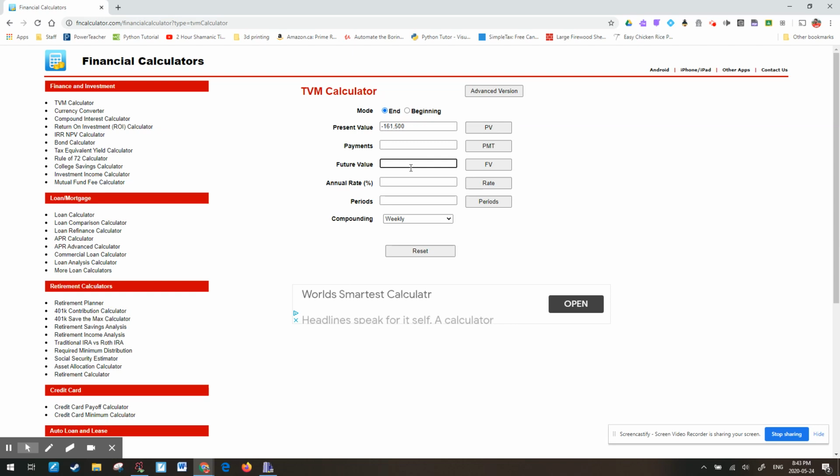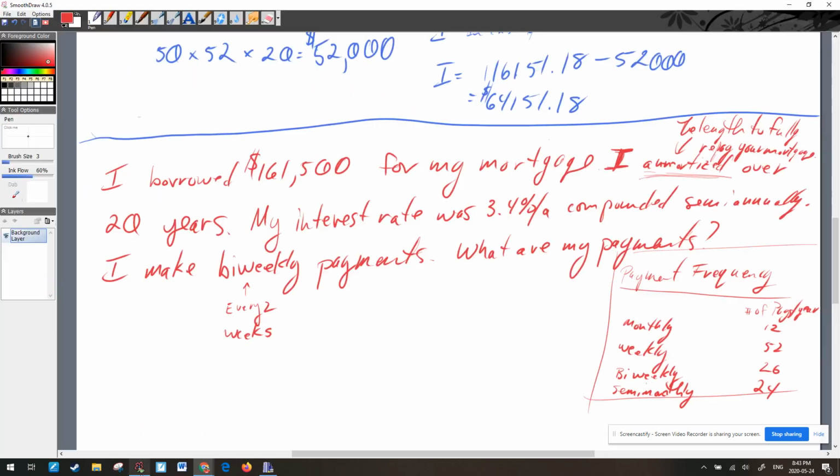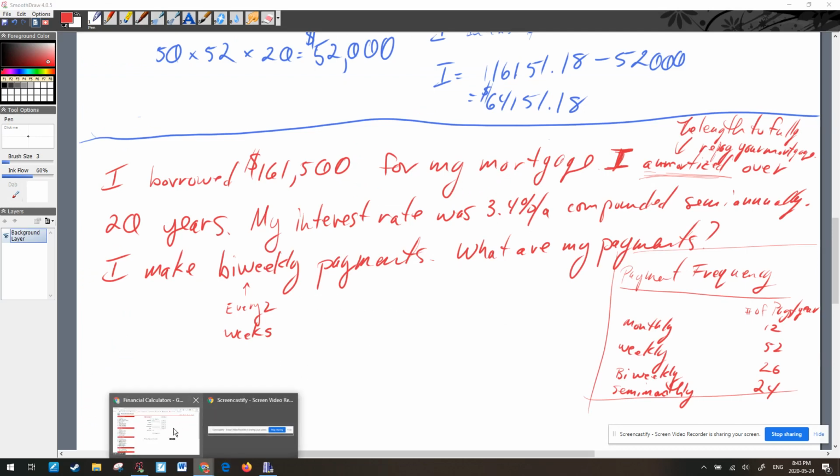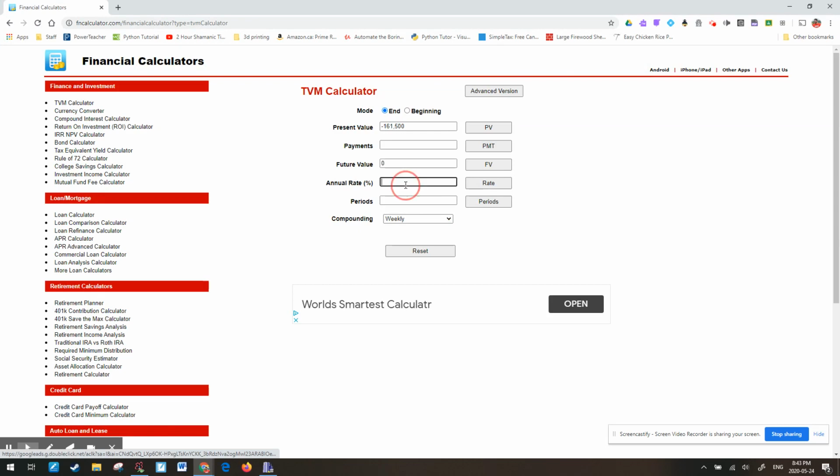The future value, well, when my mortgage is paid off, how much do I owe? Well, I'm hoping nothing. So the future value is 0. The annual interest rate, I said it's 3.4%. So I'm going to come back here and it's going to be 3.4. Now, number of periods.